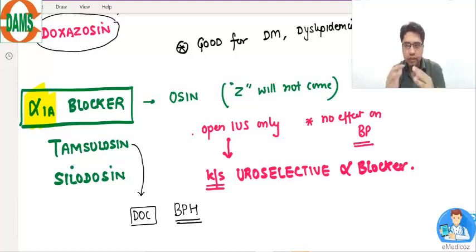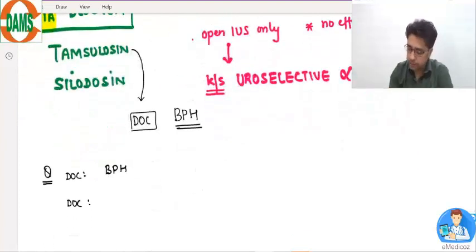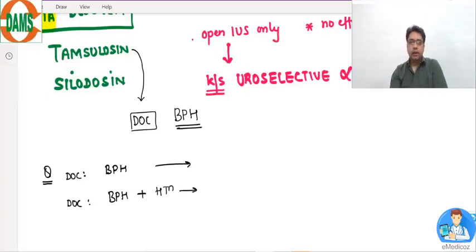Now my question for you, before going further: drug of choice for BPH, what will be your answer? And second question, drug of choice for BPH with hypertension. Tell me the answer.